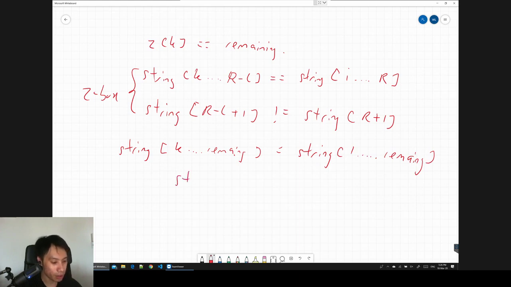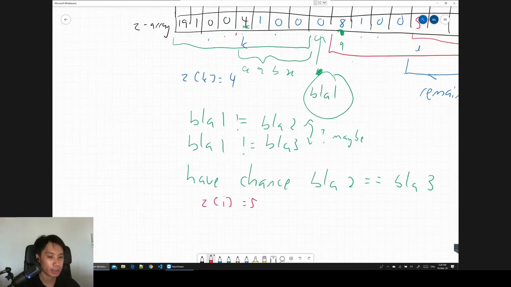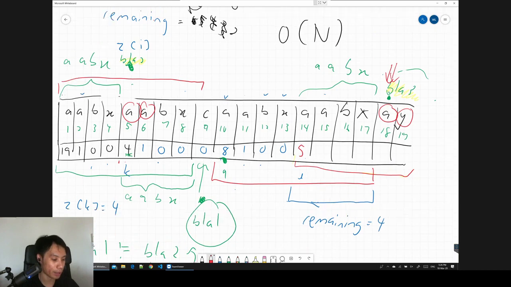But there is a chance the string at remaining plus 1 can be the same as the string at R plus 1. Therefore, you want to compare all of your additional characters.